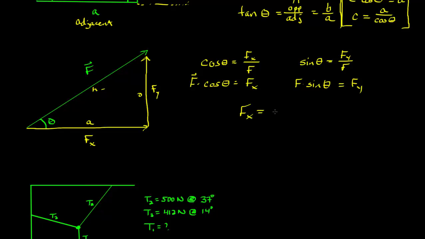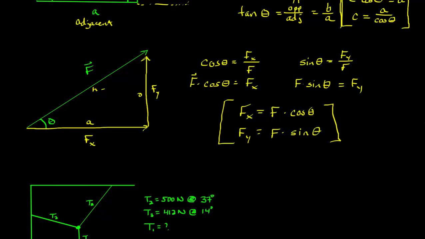So the force in the x direction is going to be the force, and when I say force, I'm talking about the magnitude of this, times cosine theta. And the force in the y direction is going to be the force times sine theta. Now there will be instances where these flip, so I always just draw the triangle and deal with it. But in general, we'll be able to do this.